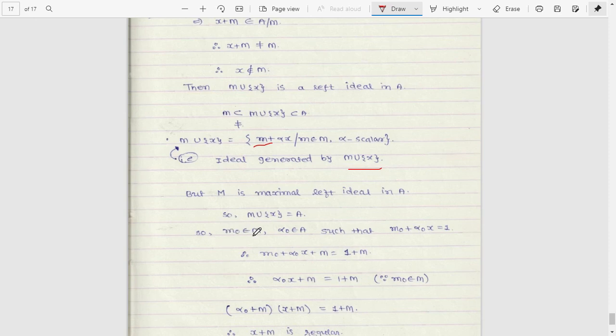So there exist m0 belonging to M and alpha 0 belonging to A such that m0 plus alpha 0 x is equal to 1.